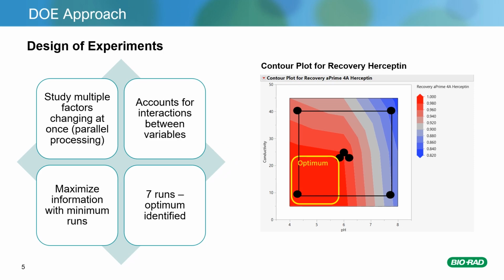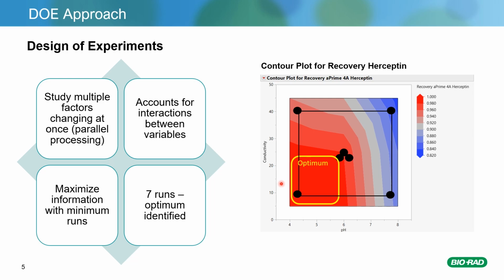The design of experiment approach is very different as it studies multiple factors changing at once. As an example, the same response surface plot is presented as on the previous slide. However, this time dots are distributed in a completely different way. We can see that they cover a much larger testing area.